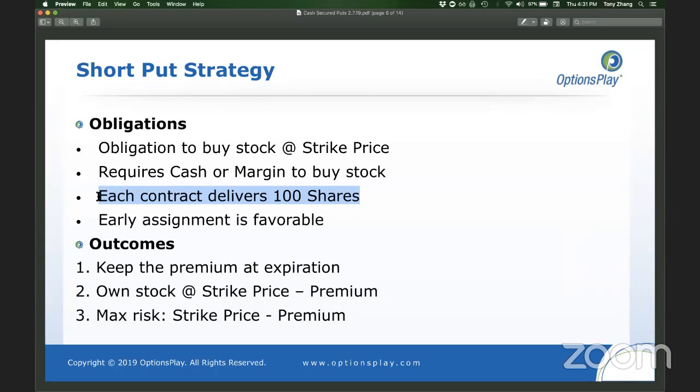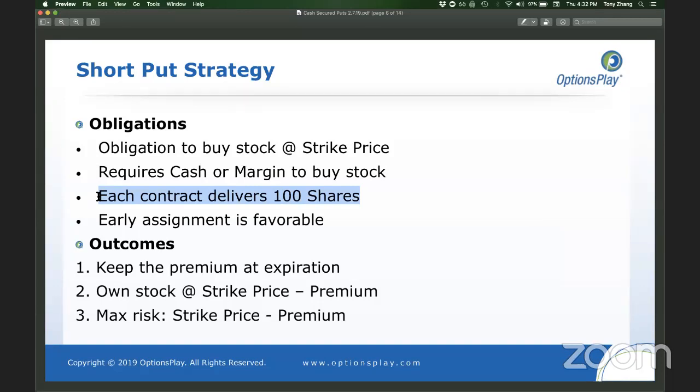When you sell a cash secured put, you must sell them in 100 share increments. So perhaps on a stock like Amazon, you may not be able to do this because you may not have enough cash to buy 100 shares of Amazon. So this may limit you in terms of your account size as to which stocks you may be able to sell a cash secured put on. If you don't have enough capital to buy 100 shares, this is not a strategy that you can implement.